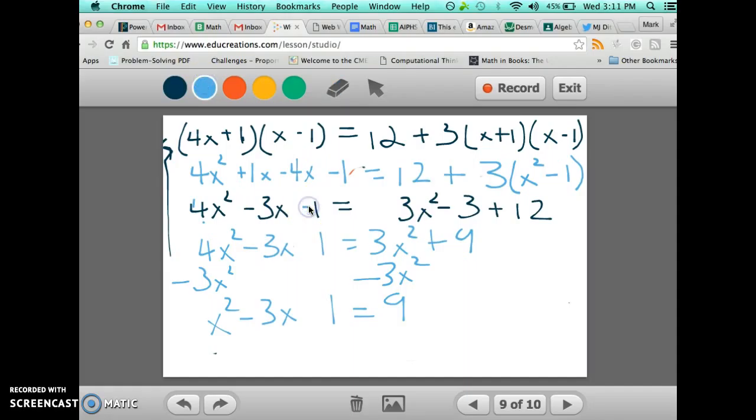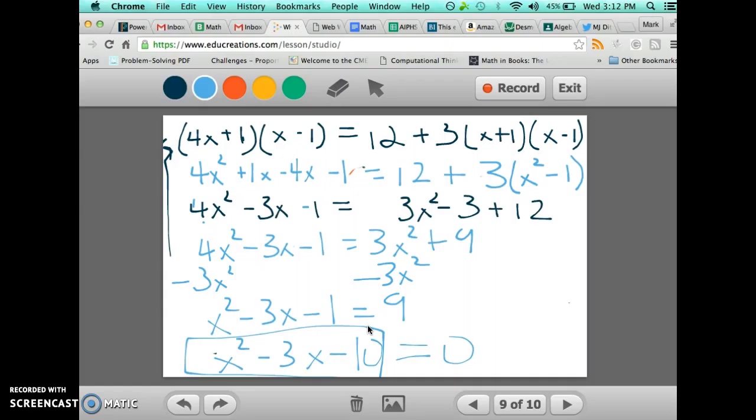And that means now we can subtract 9 from both sides, and that'll give us x squared minus 3x minus 10 equals 0. And then we factor this, and that gives us the answer 5 and -2. Now, we should plug those back into our original equation to double check that it's right. But I'm peeking at the book, and it is, and so that's nice.